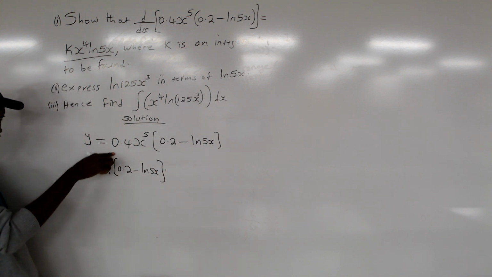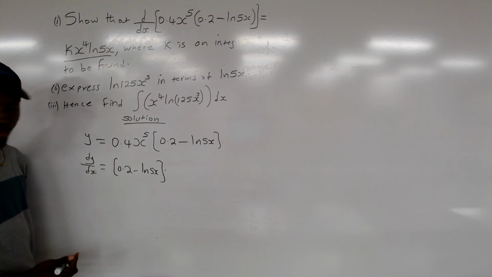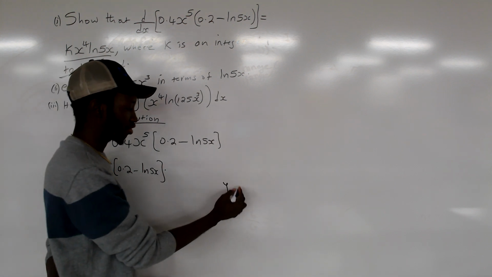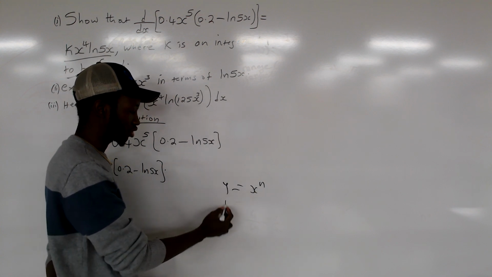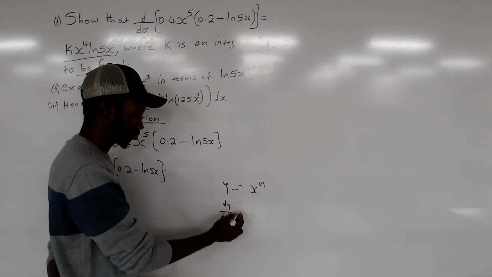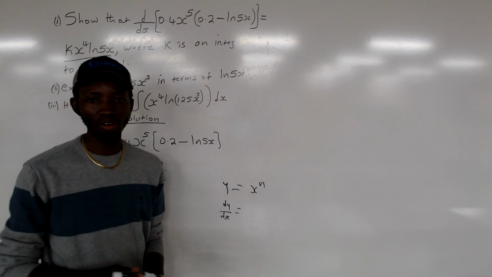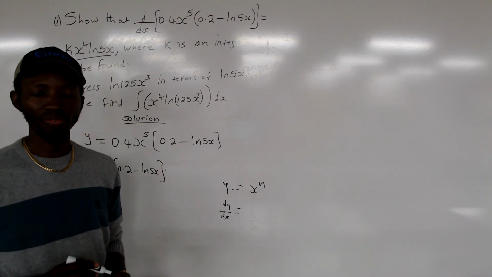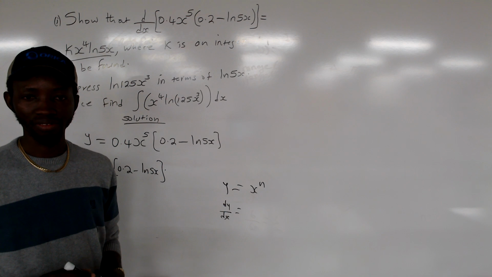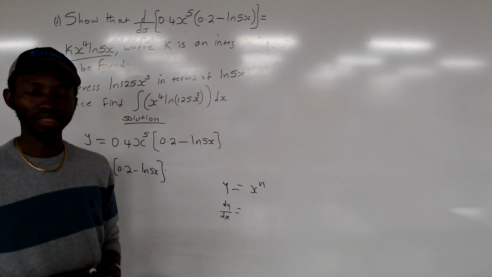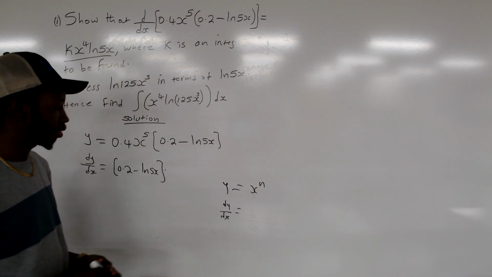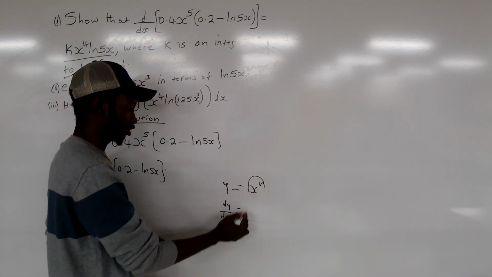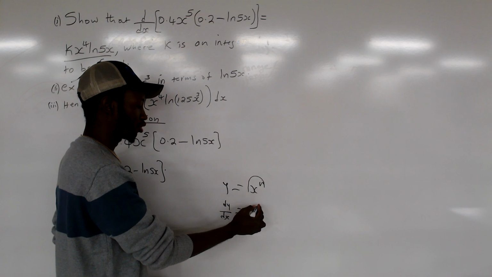Always, when you differentiate a power, let's say we are differentiating y = xⁿ, dy over dx: the power or degree of that variable decreases by 1, and you multiply that power by the coefficient of the term given, which gives nxⁿ⁻¹.